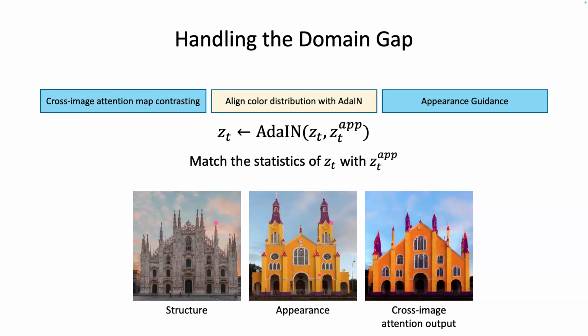Another thing that we can do is to apply an AdaIN layer to match the statistics of z_T of the appearance image with z_T of the image being generated, and this gives us another nice improvement in the results. The colors look much better now, and we don't have the artifacts that we've seen before.